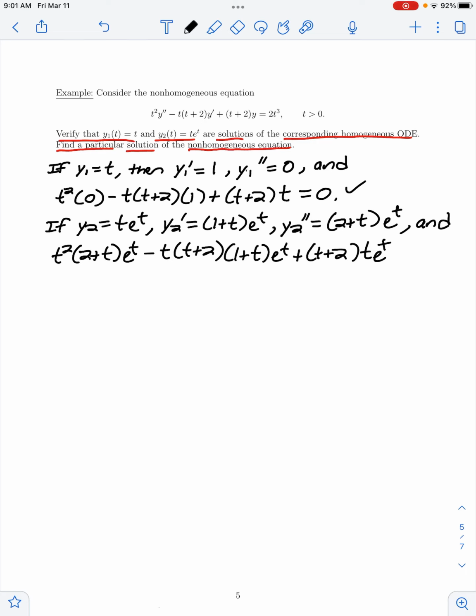So expanding and grouping like terms, we find that we get a value of 0, and so y1 and y2 are solutions of the corresponding homogeneous equation.